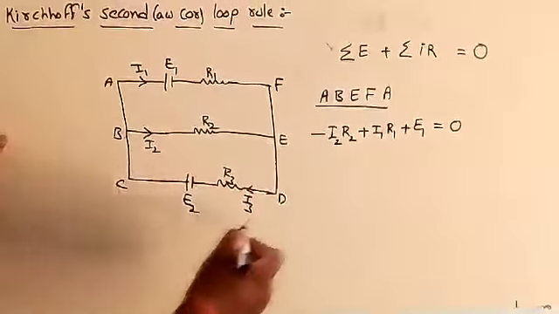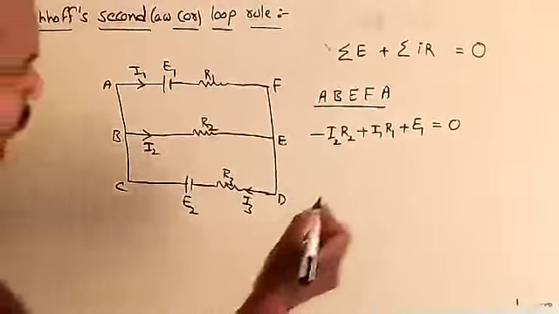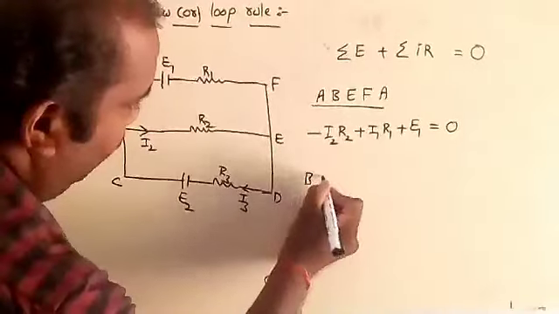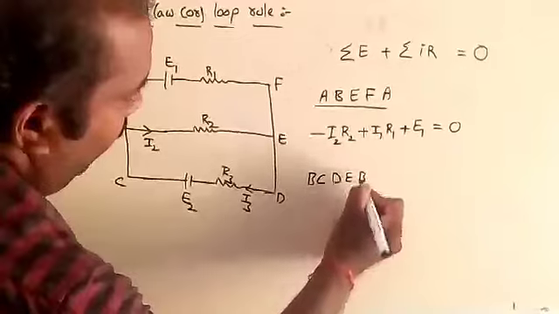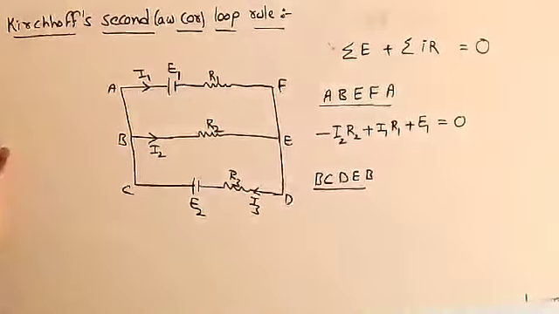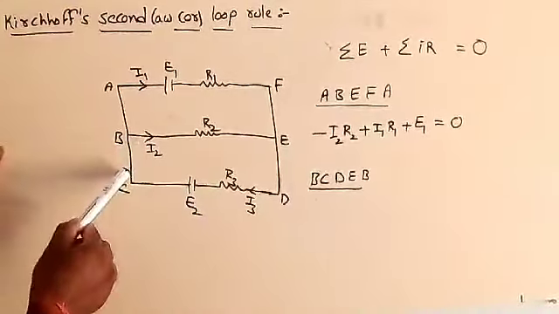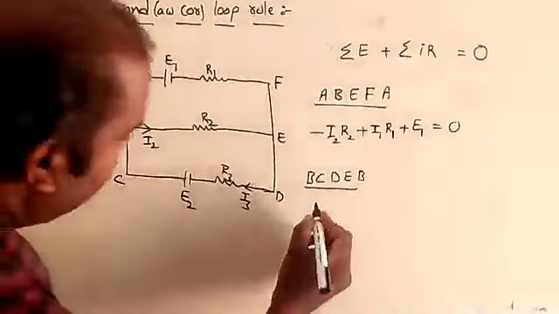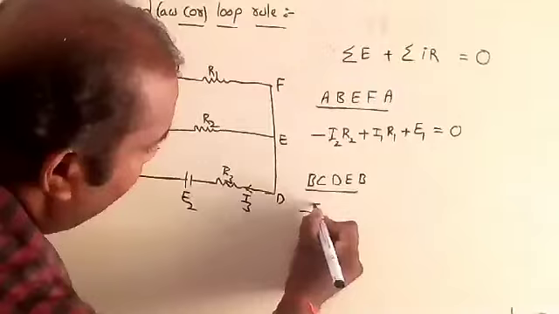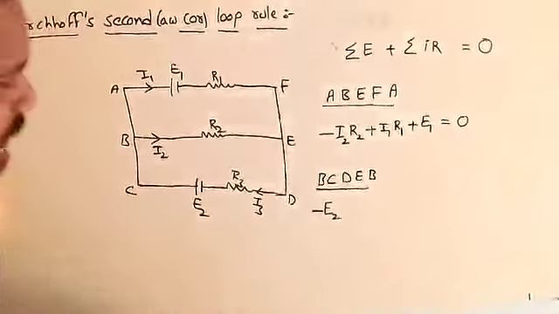Similarly, I can apply this Kirchhoff's second law for this loop B C D E B. The same rules we have to follow. Say first B to C, nothing is there, but C to D, you are traveling positive to negative terminal. Positive to negative terminal means it will be negative, that is minus E2.